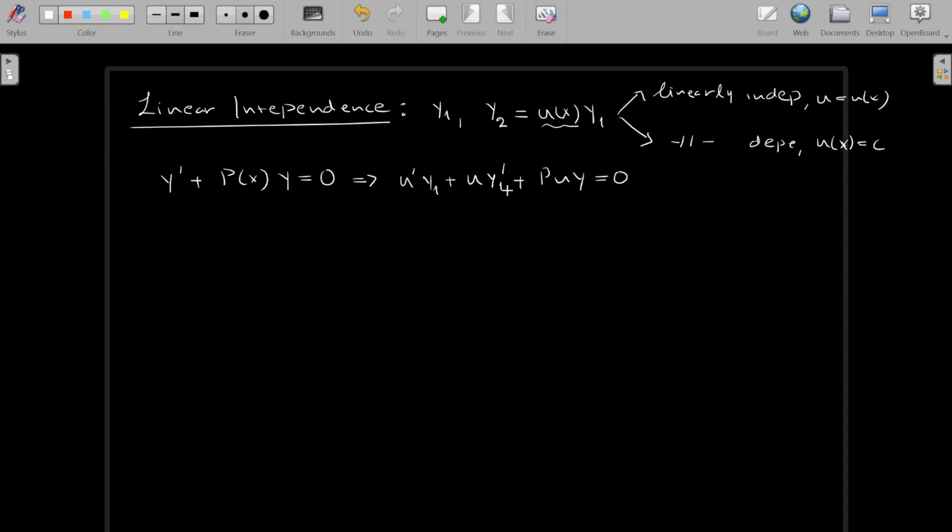But since we know that y1 is a solution, and this part is 0, meaning that u prime has to be 0, or u is just a constant independent of x. So you cannot have a second solution which is linearly independent for a first order differential equation.